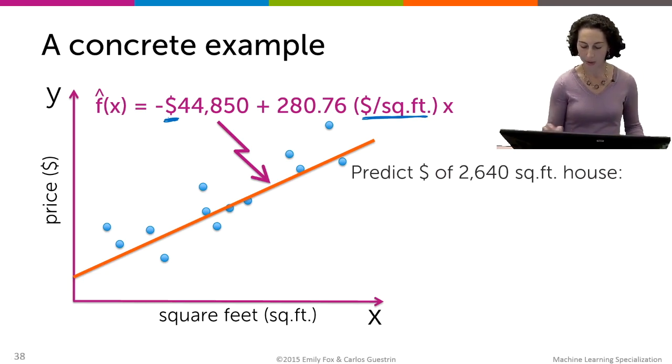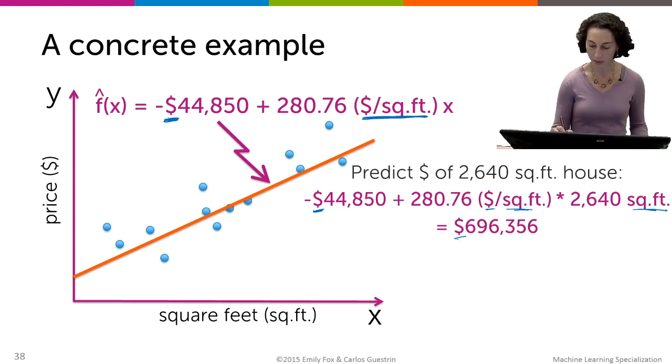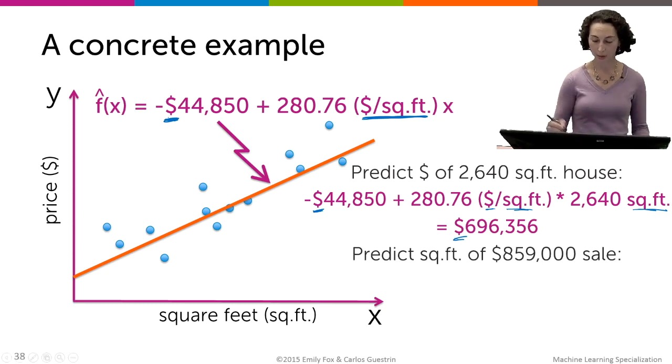When I went through and did my calculation of predicting the value of a house with a given square feet, if I actually put in these units, I see that everything works out. Here I have dollars, here I have dollars per square feet, and then I'm multiplying by square feet. So when I multiply these two things, the resulting units are just dollars. So the end result is something in terms of dollars. That's great.